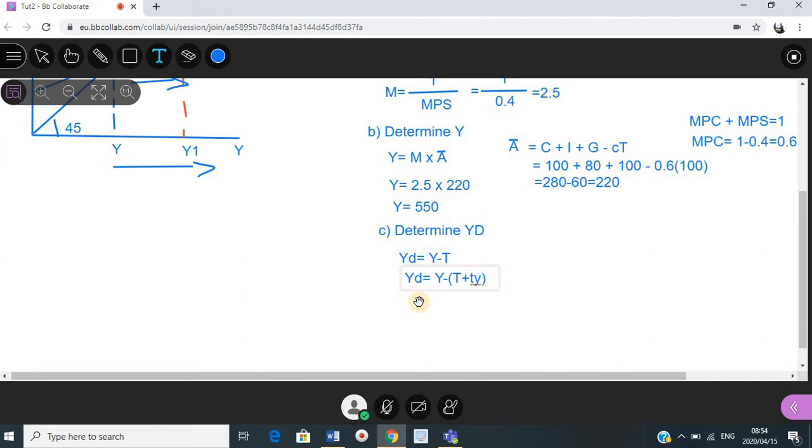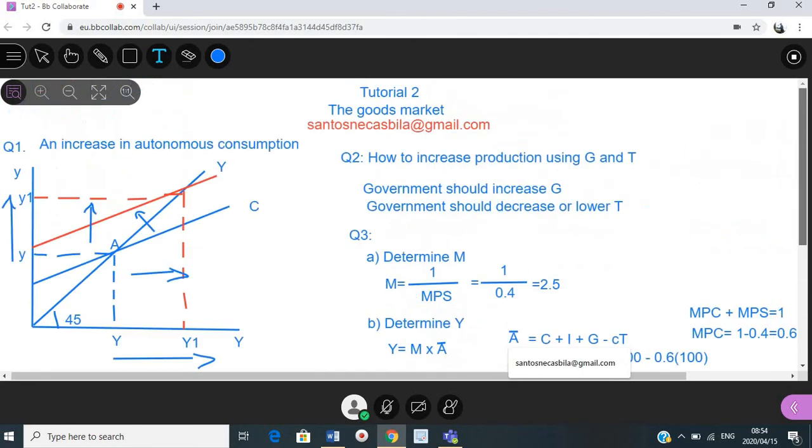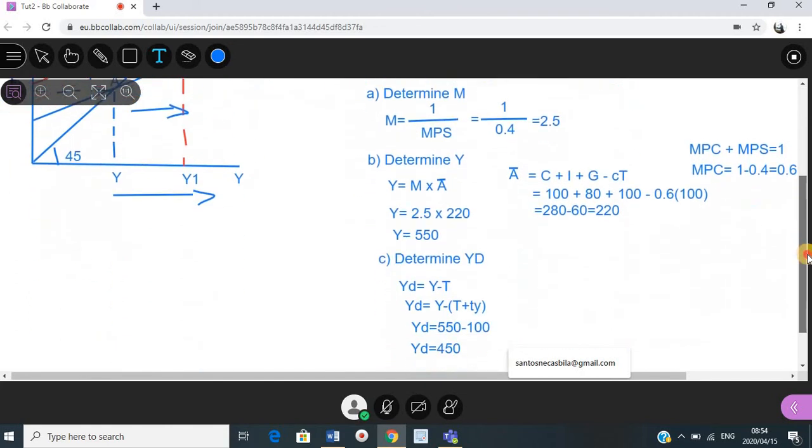However, since we don't have this part here, we just have the big Y. Our disposable income is simply YD equals Y minus T. And YD is equal to 550 minus 100, which should be equal to 450. Very good. This is our YD.